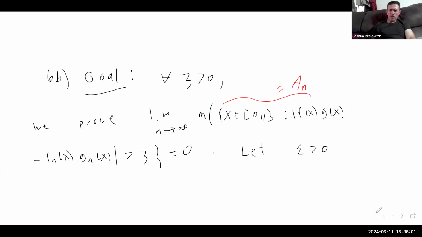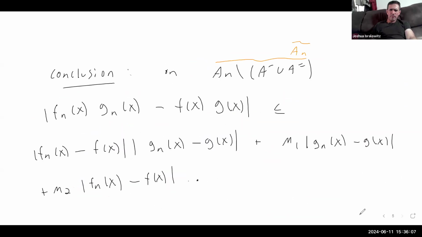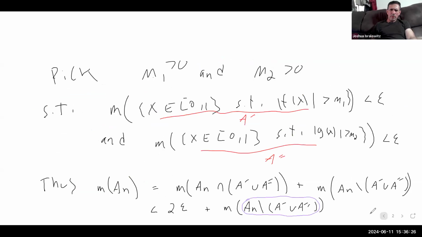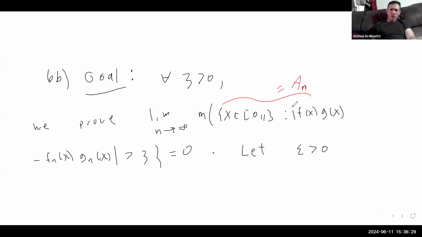So the claim is then, remember, in particular, we are assuming this is going to be bigger than eta, but still F and G are bounded by M1, M2, because we're taking away those two sets where it's not true.